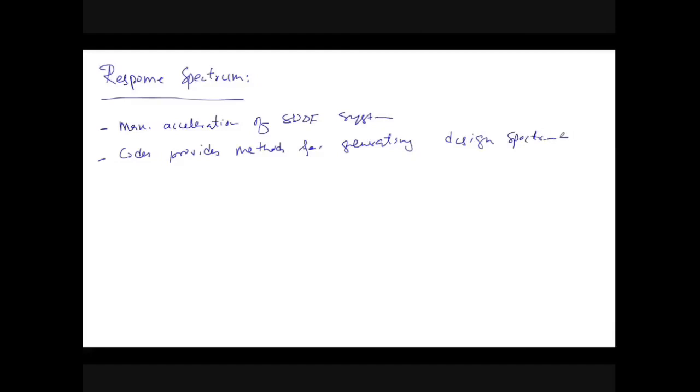Okay, so if you do not have a response spectrum at a site, you can use the code procedure to generate a design spectrum.